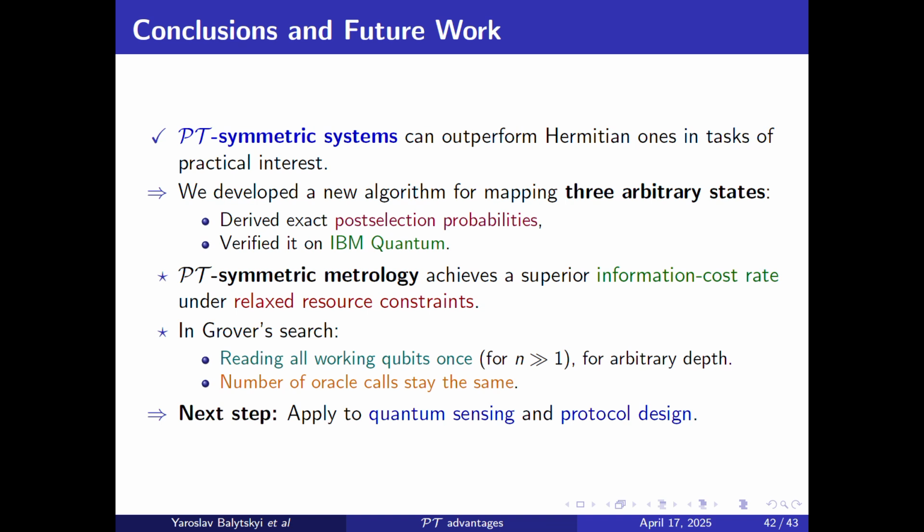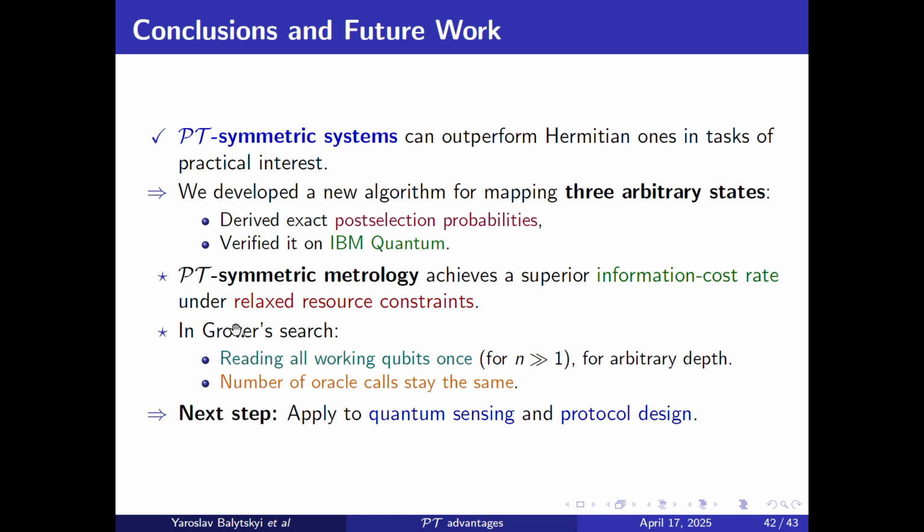And thus, there are two main conclusions. PT-symmetric metrology achieves higher information cost rate in comparison to Hermitian systems, and it can be under relaxed resource constraints. So basically, just when the cost of measurement is greater than the cost of post-selection, and thus our results are showing that such sensors can be advantageous in a wider range of conditions than considered before.